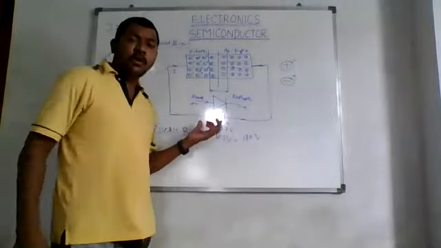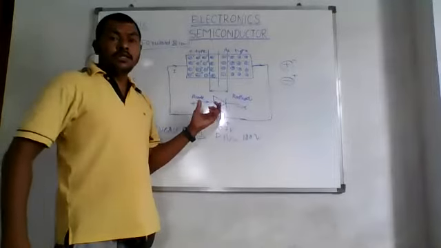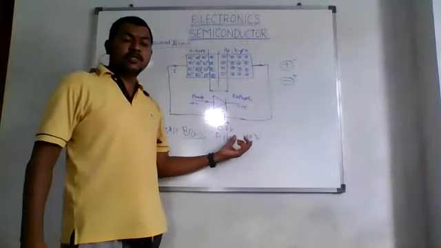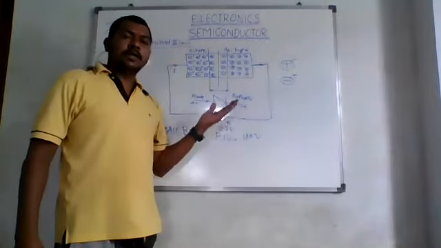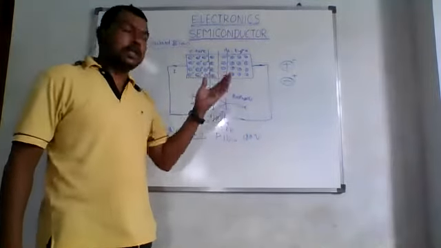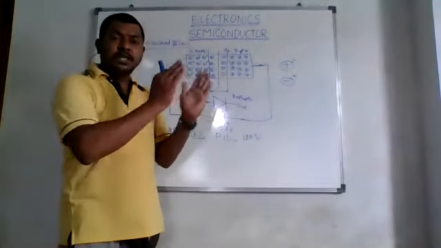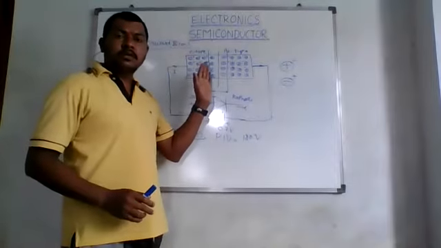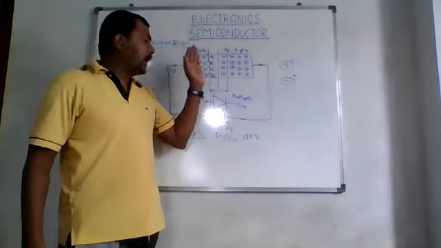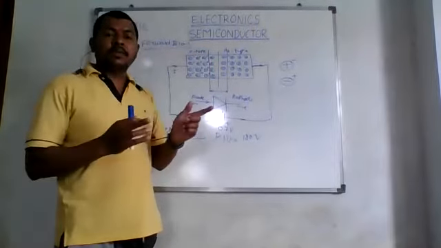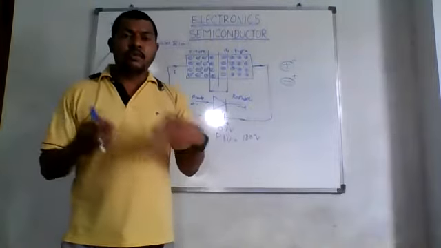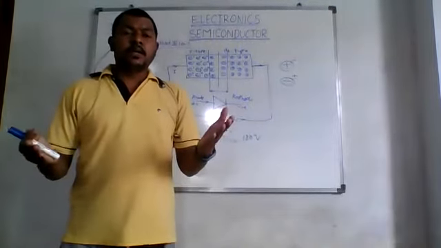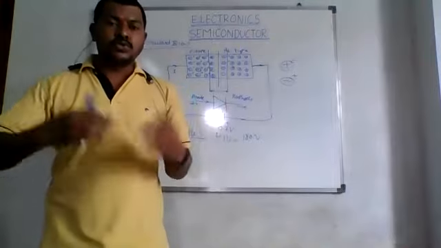Now, even if you go on increasing the voltage to a very high value, around the peak inverse voltage, say 180 volts or more, the depletion layer breaks, right? One covalent bond breaks, and due to that it will break another two covalent bonds, two will break four, four will break eight, eight will break 16, and so on.